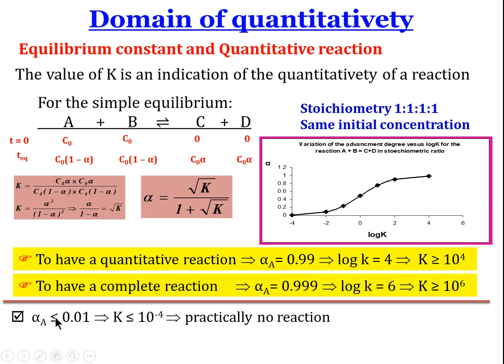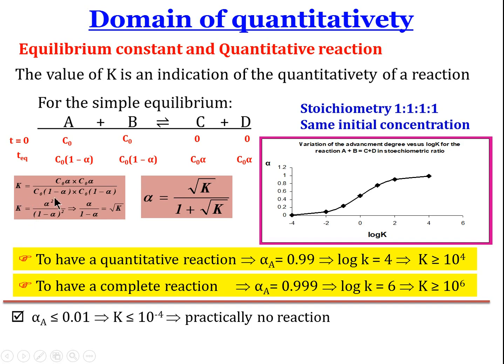If alpha is less than 0.2, we said that the reaction is limited. What is the meaning of limited? A reaction is limited. That means this is a reaction that proceeds with a very, very low yield. When alpha is less than 0.01, the yield or the conversion of this reaction is practically 0.